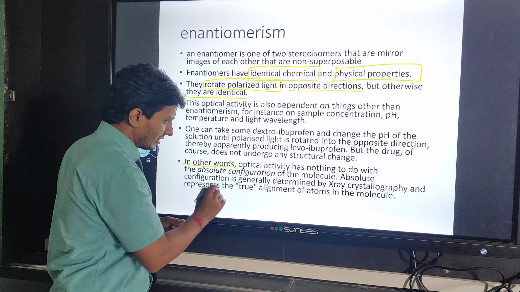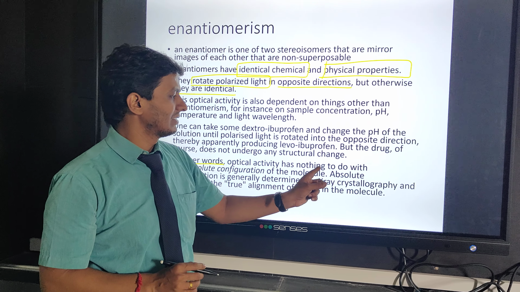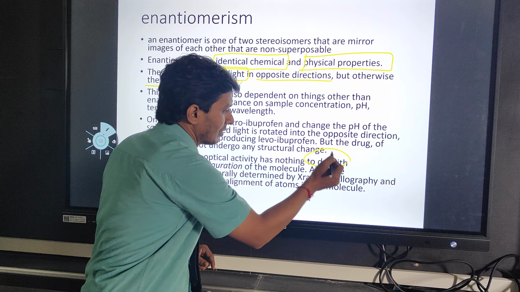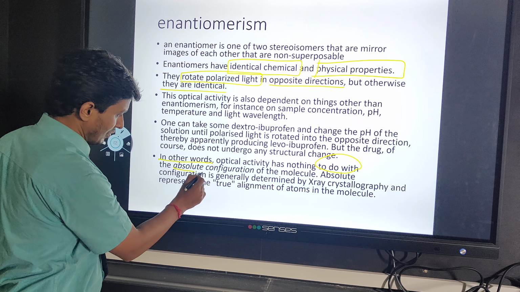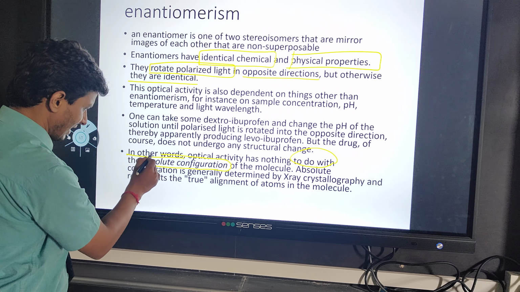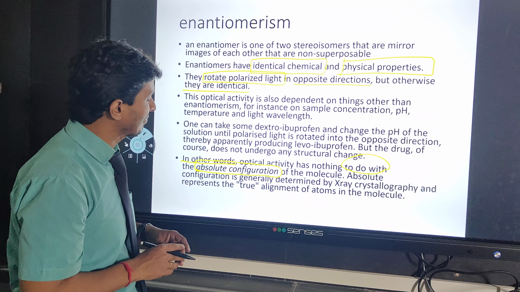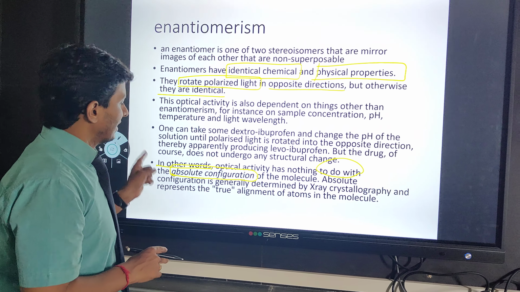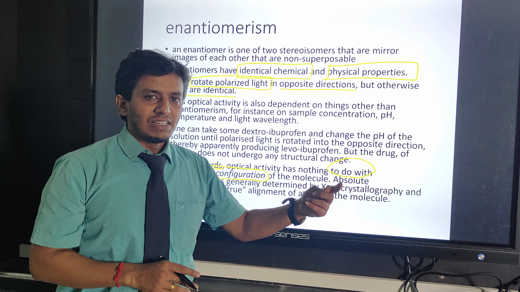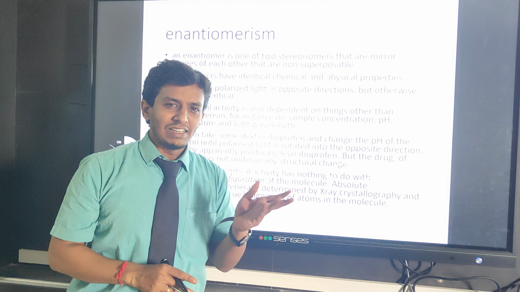In other words, the optical activity has nothing to do with the absolute conformation. We are going to study this ahead. What is the meaning of absolute conformation? Optical activity is just a phenomenon of light.